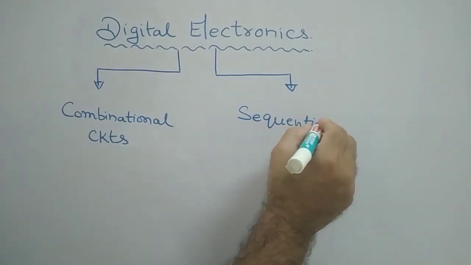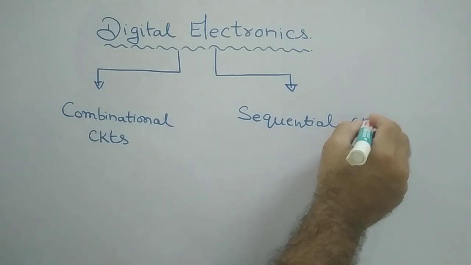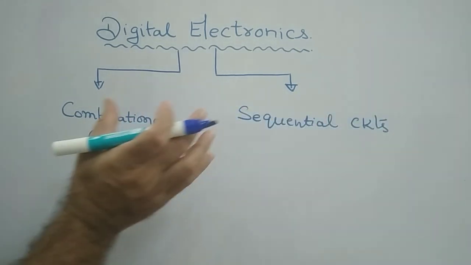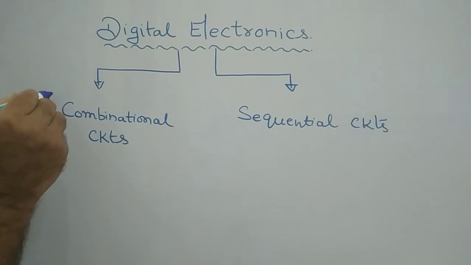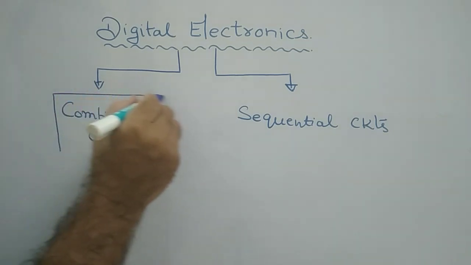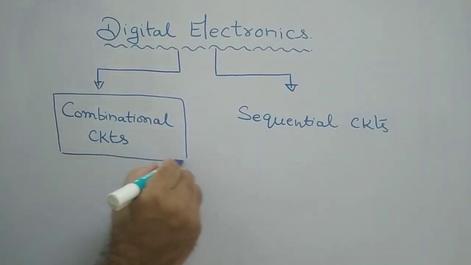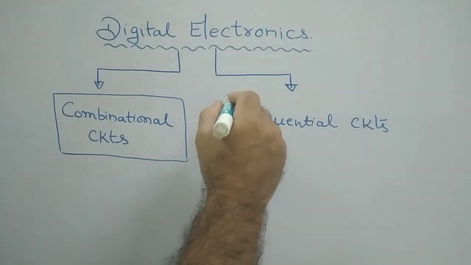This is the major division of the digital electronics subject as far as the GATE and UPSC IAS examinations are concerned. Remember that the first part is combinational circuit and the second part is sequential circuit.